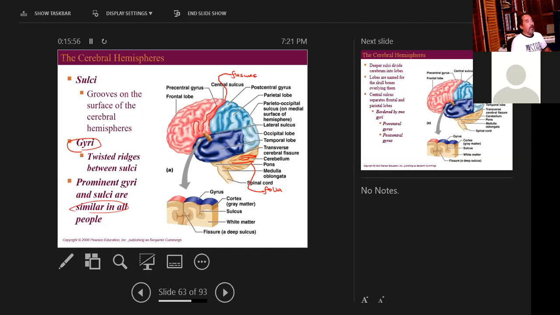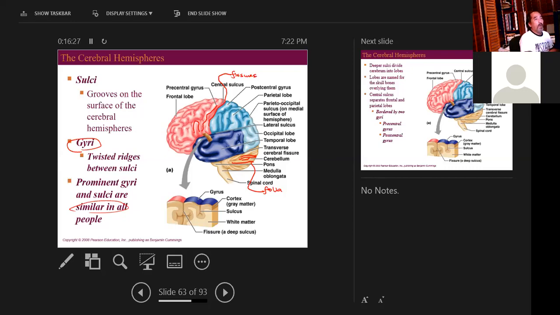We have the same convolutions, sulci, and size as Albert Einstein and everybody, except that the amount of neurons that you utilize is not that much if you don't utilize your brain in trying to get information into your brain, okay? So that's the reason why you should keep on studying, keep on going through your programs and courses, because that will make your neurons recruit more of it in your brain, okay?